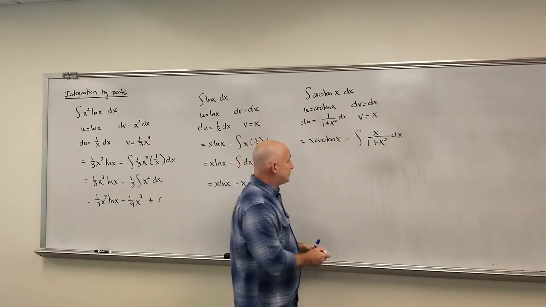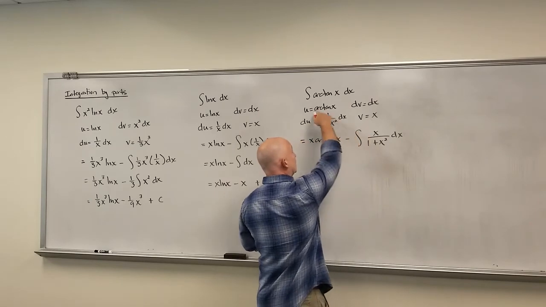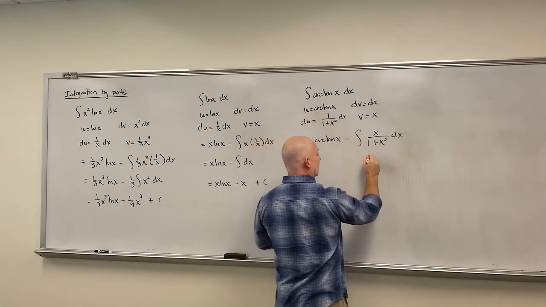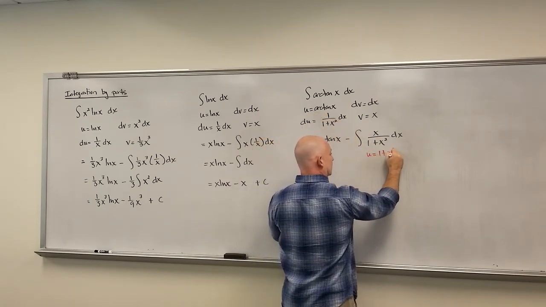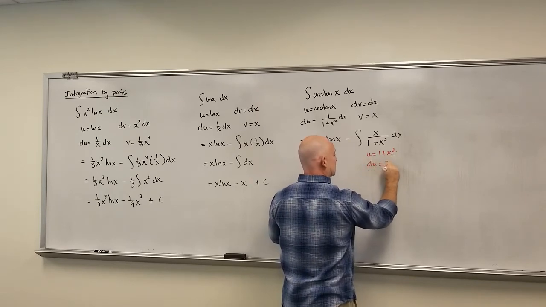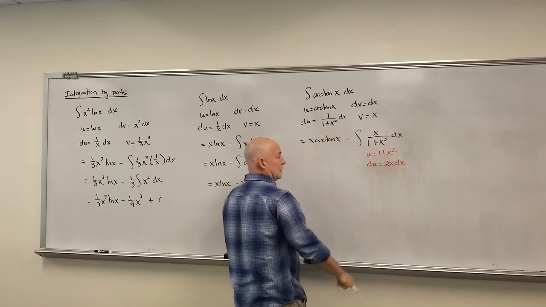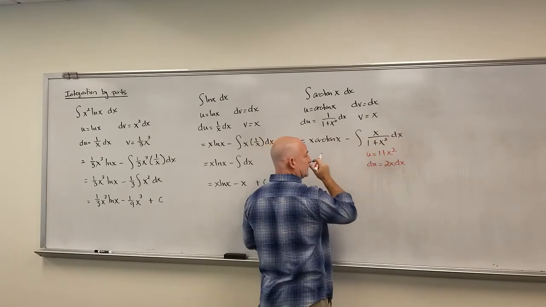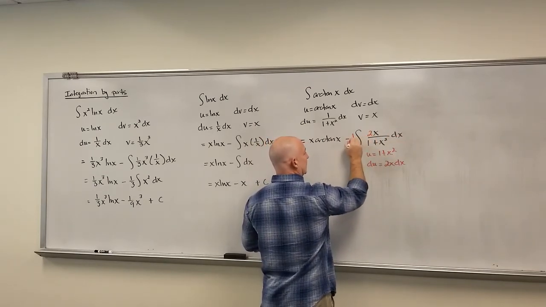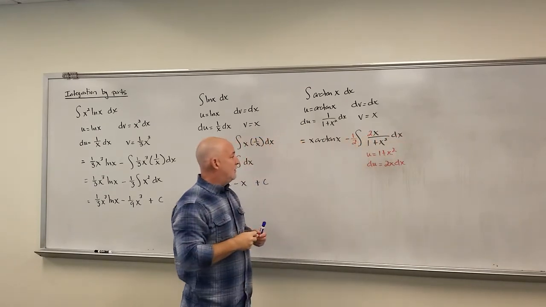So notice here, again, I'm switching colors, so this is not the same u over here. We let u be equal to 1 plus x squared, du is 2x dx. Notice that's almost exactly what we have on the top. So if I put the 2 in up there, I'd have to compensate by putting a half there.